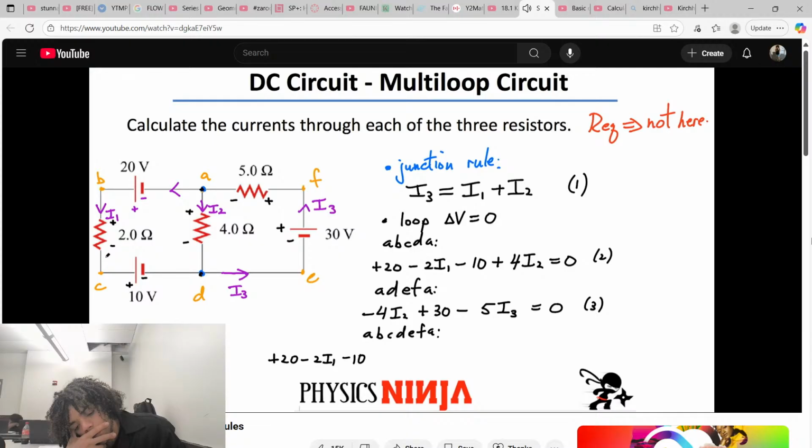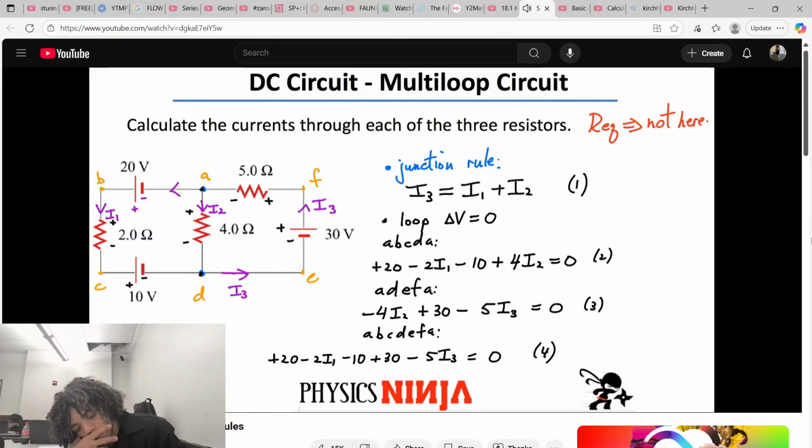And then I go over the 30 volt battery, that's plus 30. Then I go through this 5 ohm resistor, similar to equation 3, so I have a voltage drop equal to 5I3. Equal to 0, and that is equation 4.